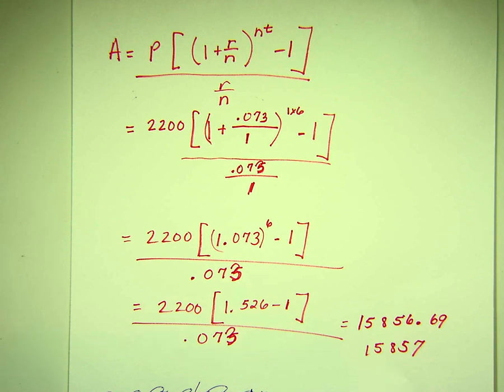So for this last step, once you multiply the $2,200 by whatever this is, you're going to divide it by the 0.073. Make sure you read your instructions carefully about where to round. I'll round it to the nearest hundredth, but for this particular example, it wanted to round to the nearest whole number. That's just for part A.